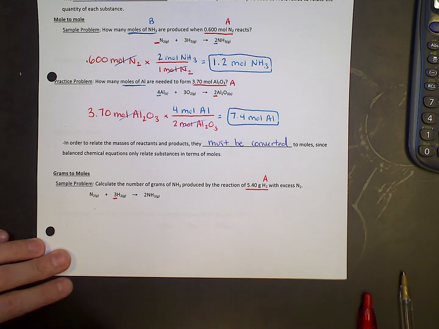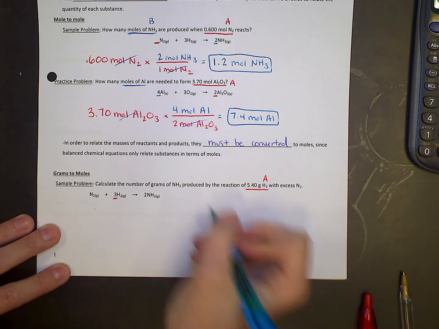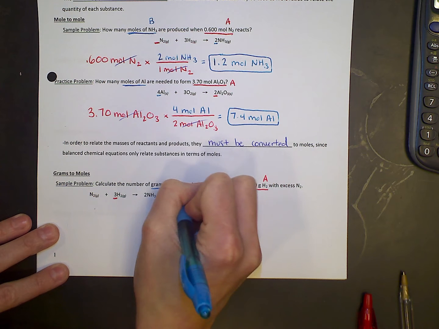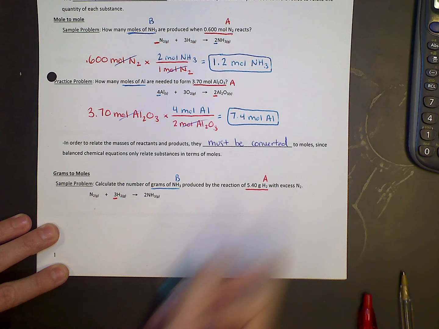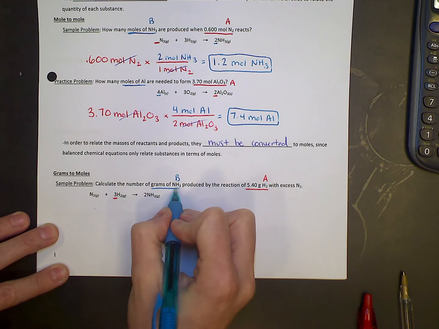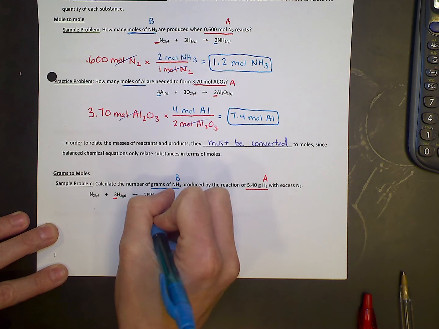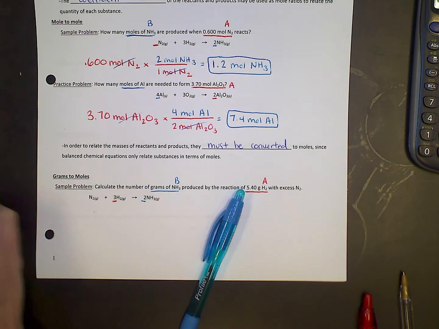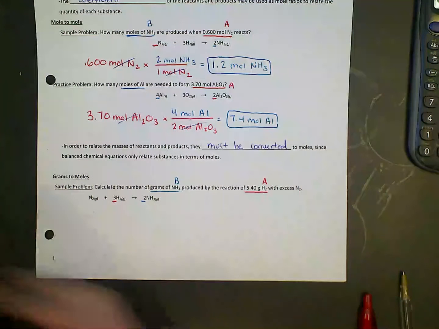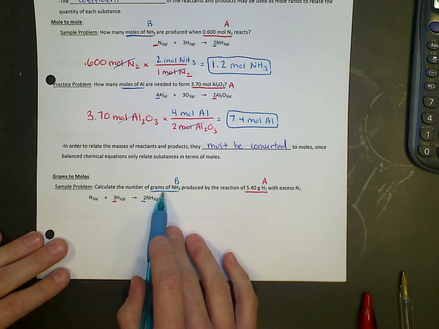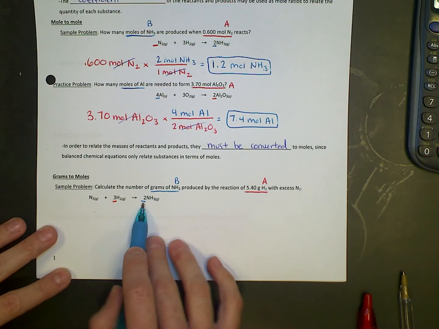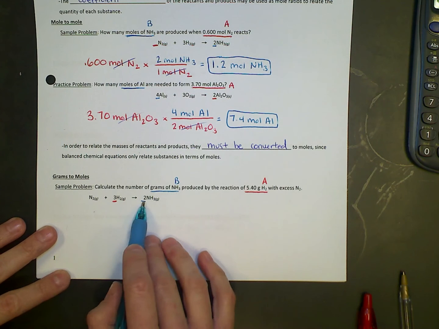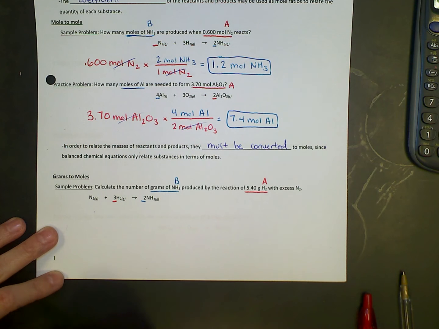We want to solve for grams of NH3. So that becomes our B. Looking down at the reaction, our coefficient in front of the NH3 is 2, so we underline the 2 here, and now we've identified our coefficients that we'll be using.